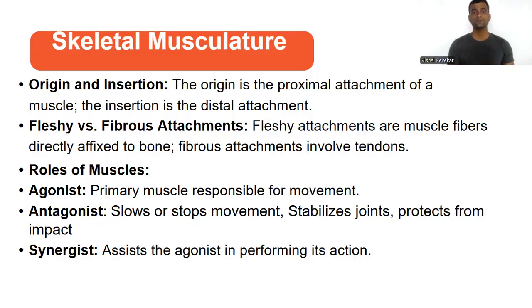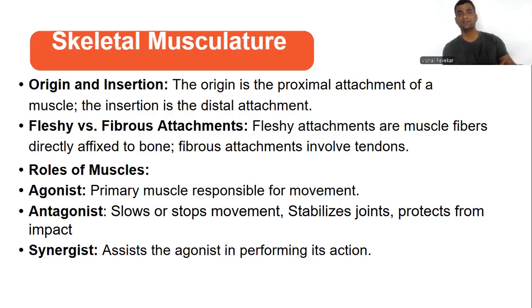The main difference between origin and insertion is that the muscle actually moves from the insertion. If I want to contract my bicep muscle, the insertion has to come towards the origin. So the insertion will always move towards the origin. The movement actually happens at the insertion, with very limited movement at the origin.